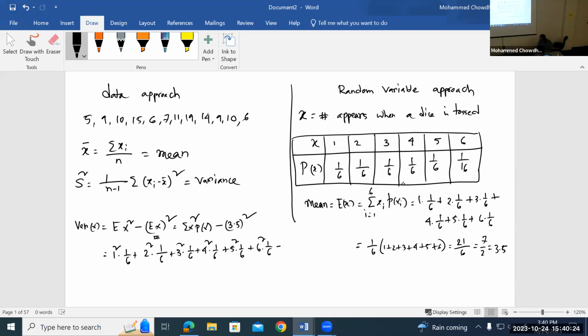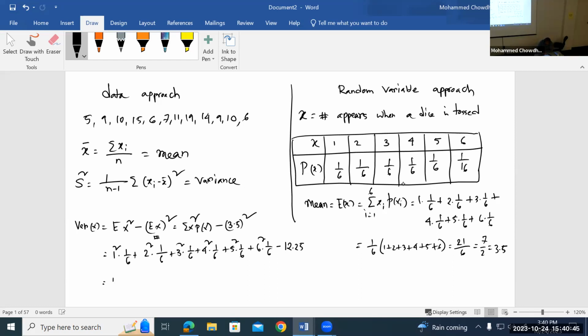3.5 square equals what? Let me check. 3.5 square is 12.25. Okay.